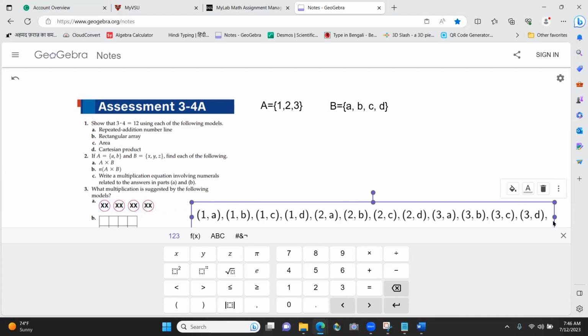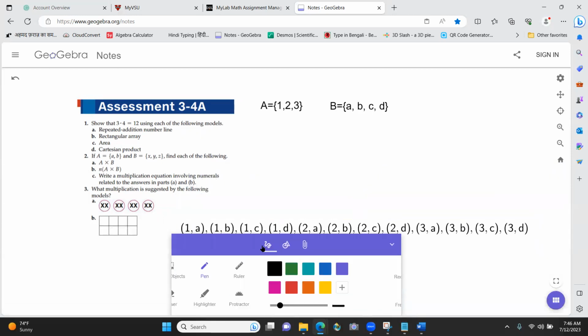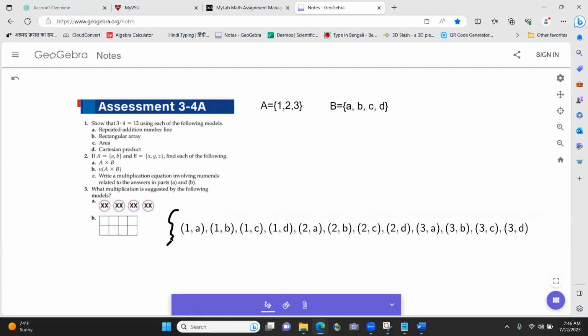That's what they mean. I have to put braces here. But I will do it here by hand. How many elements do you have in this set? You have 12. That's what they mean.